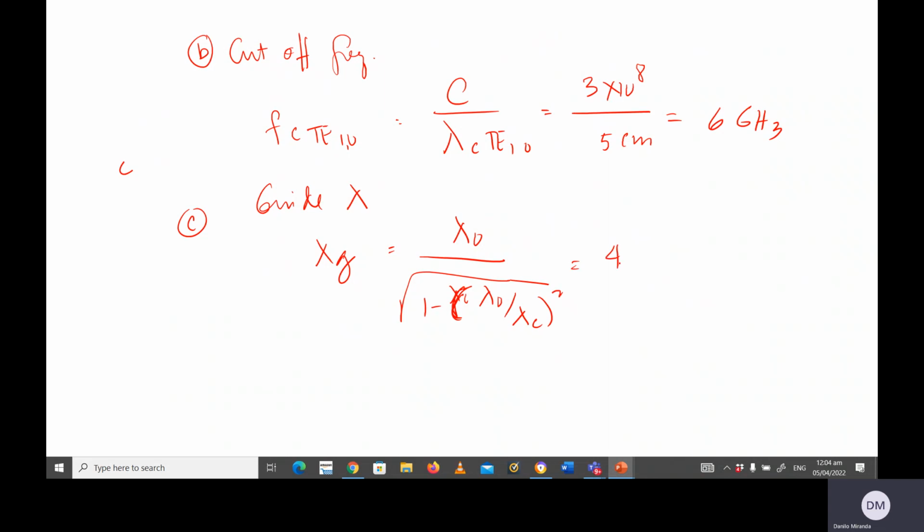So meron kang 4.86 centimeter. Okay. Right. Let's have another one. Let's have this problem.